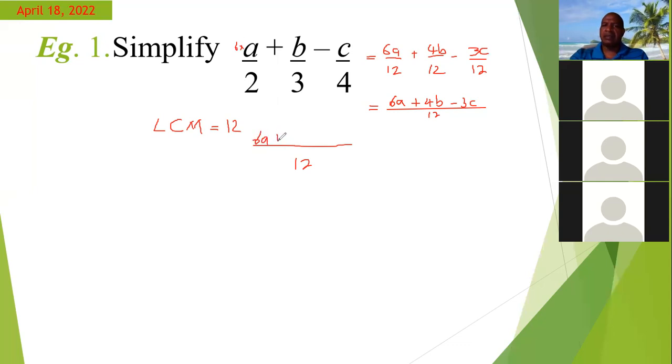And then you keep your sign that you have in the numerator. So we have 3 into 12 goes 4, then you use 4 times b. And then we say 4 into 12 goes 3. So now we have minus 3c.